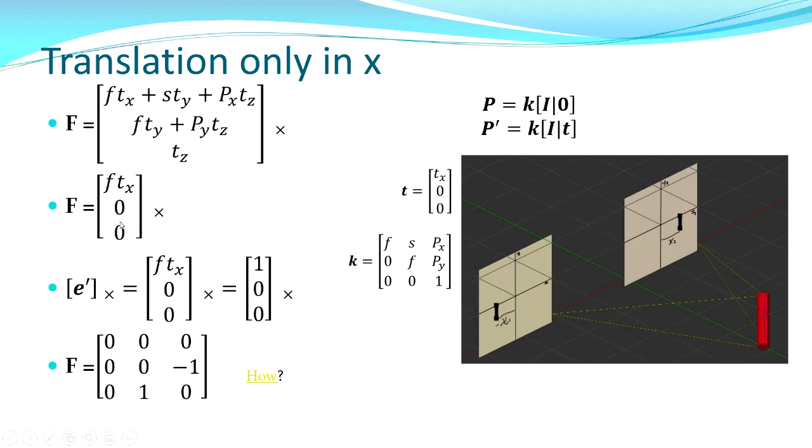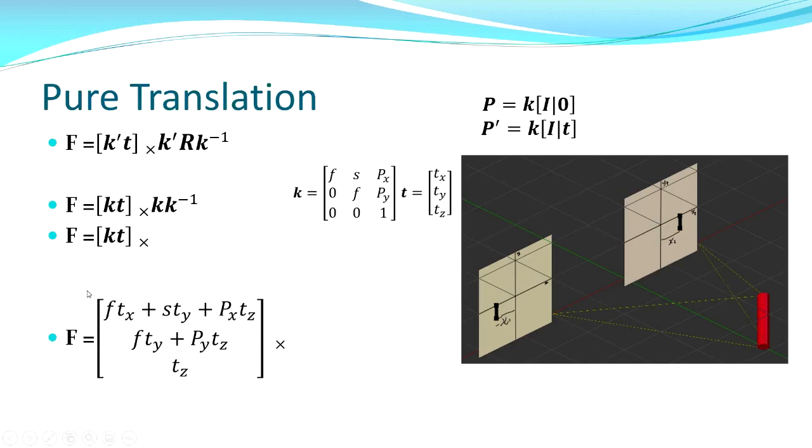So this vector over here will now become like this, because ty and tz is 0, since I'm constraining now that we only need translation in x. That's it. So this is what is going to happen. And if you see carefully, this thing over here is nothing but actually the epipole.